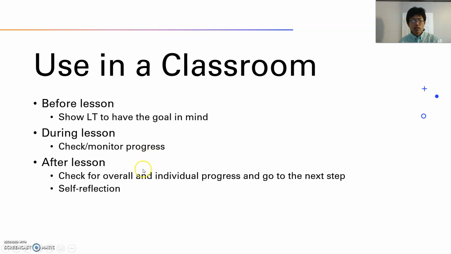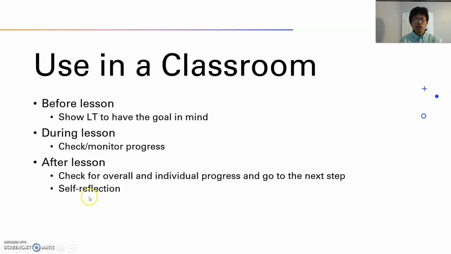And after the lesson, the teacher can check for overall and individual progress and execute the next step. So, like, students mastered the learning target, but there are some that did not. What's the next step? Think about that.